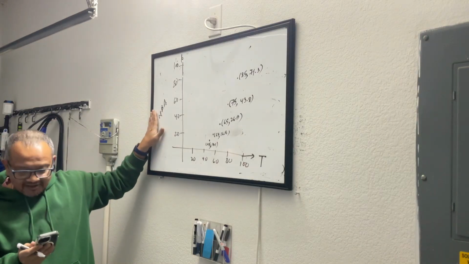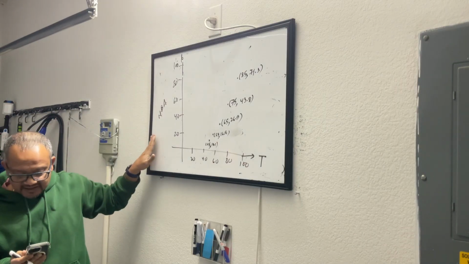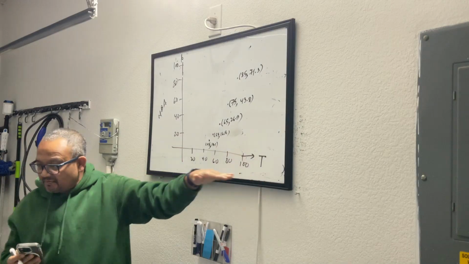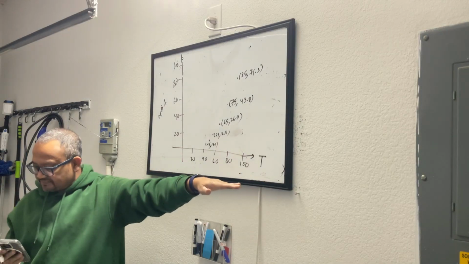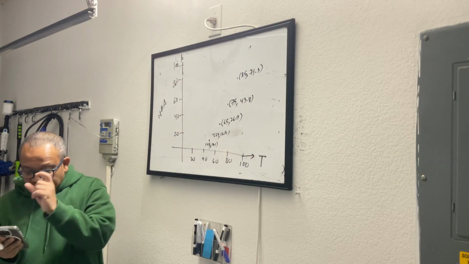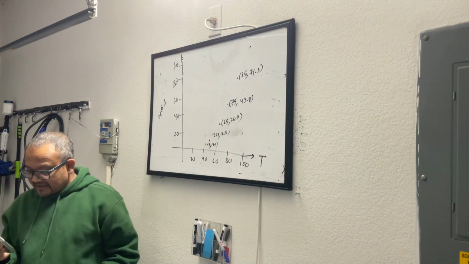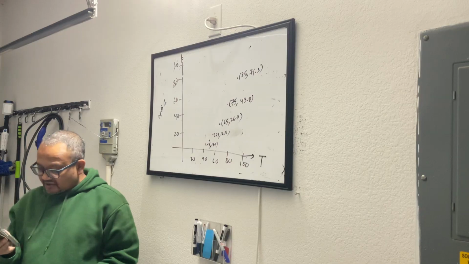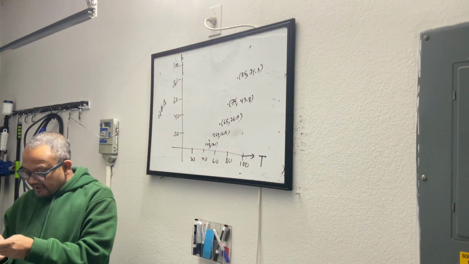Normal brain activity along this axis, and body temperature along this axis in degree Fahrenheit. Which 10 degree Fahrenheit interval has the greatest average rate of change of percent of normal brain activity?